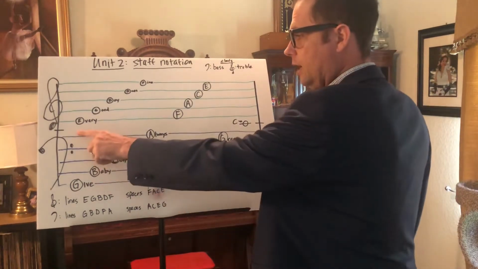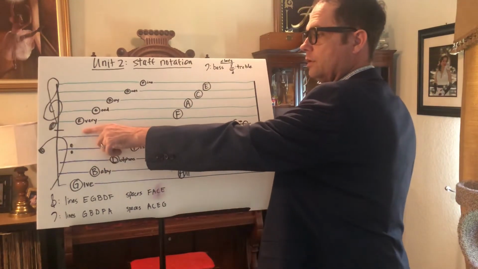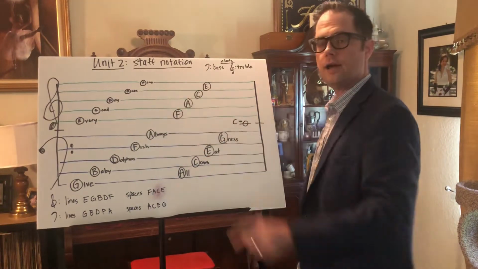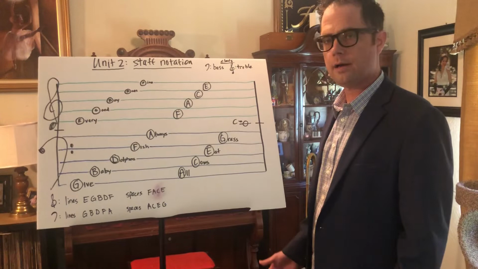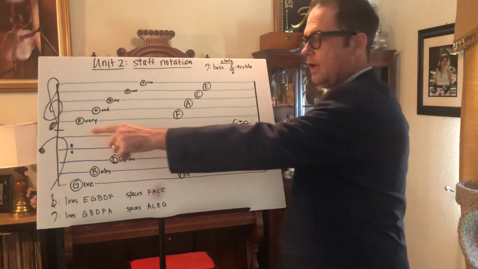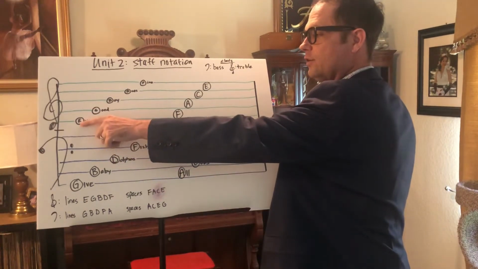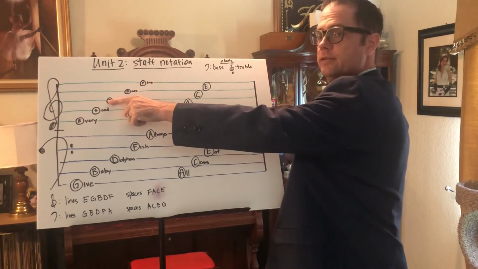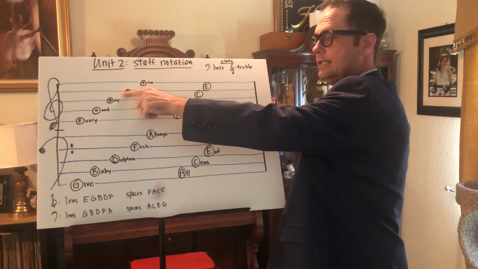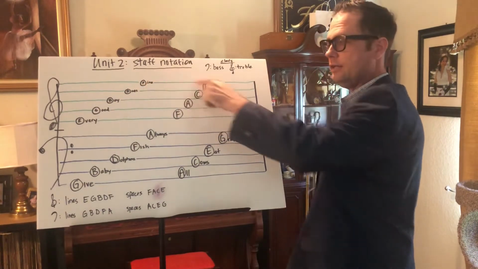Those of you who took music before know: every good boy does fine, or every good boy deserves fudge. I don't know why it has to be about boys, but it is, and it's easy to remember. So E is the bottom line, G is the second line, B is the third line, D is the 4th line, and F is the 5th line.